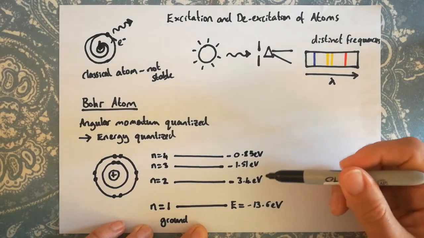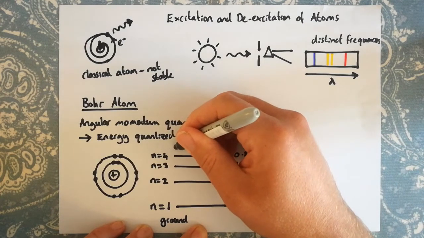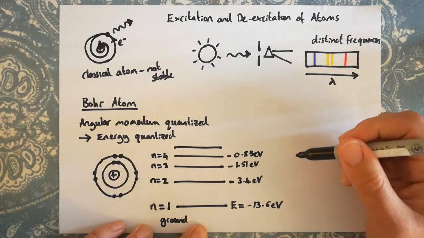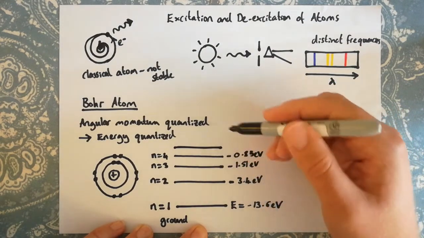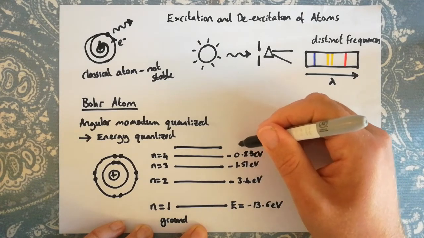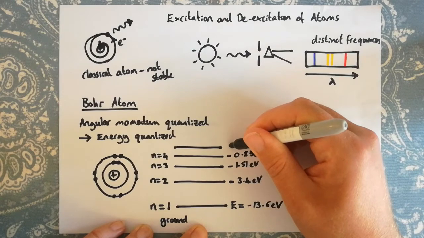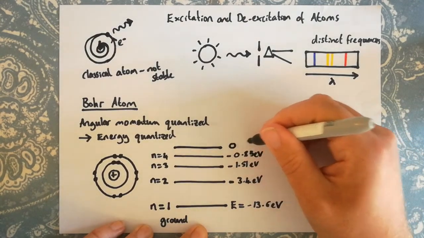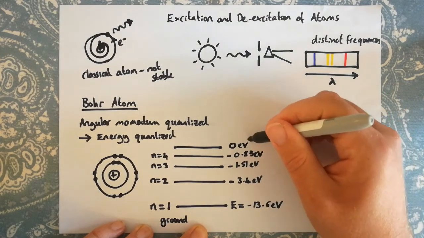The energies are negative because, and I'm not going to go into the reasoning for why this is at the moment, what we need to do is define the very highest energy level, which is the energy level of a free electron, so an electron that has escaped from the atom, as 0.